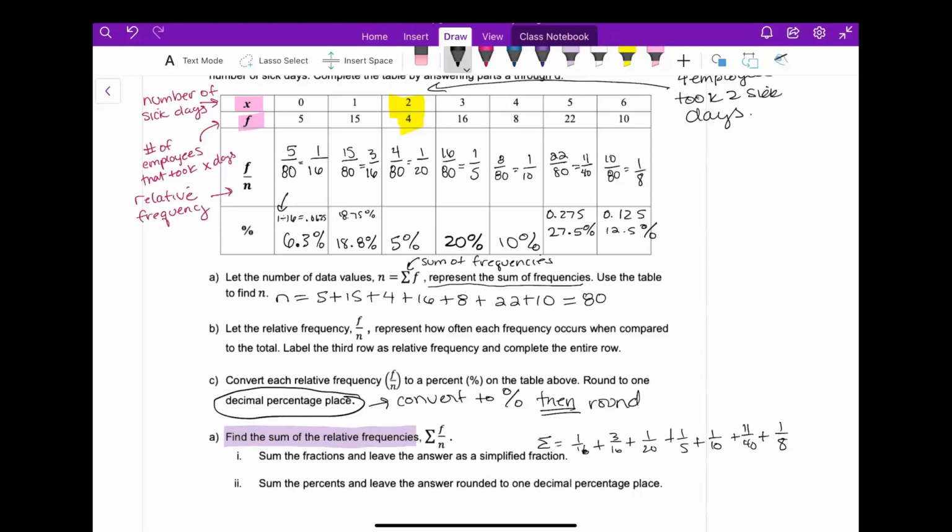It says sum the percents and leave the answer rounded to 1 decimal percentage place. So in this section, you're going to sum our percent 6.3% plus 18.8% and so on. And make sure you follow the instructions of leaving part 1 as a simplified fraction and part 2 as rounded to 1 decimal percentage place.